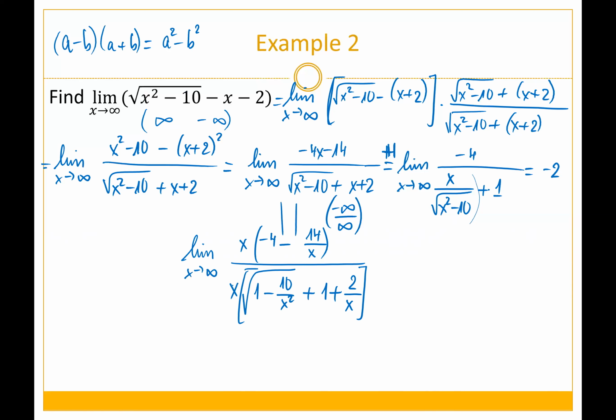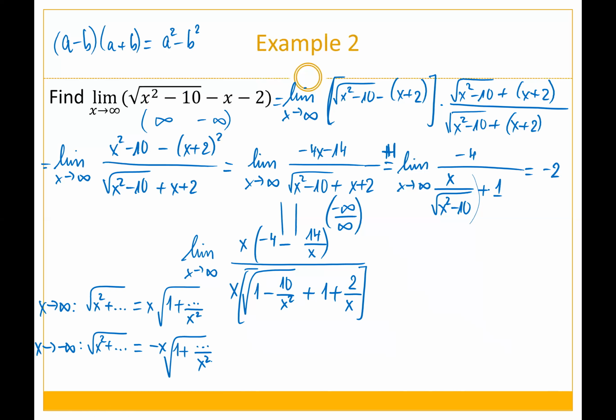Note that because x is approaching infinity, the square root of x squared plus something is going to be x times the square root of 1 plus that thing over x squared. But if x is approaching negative infinity, this is going to equal negative x times the square root of 1 plus that thing over x squared. Remember, this is negative if x approaches negative infinity.